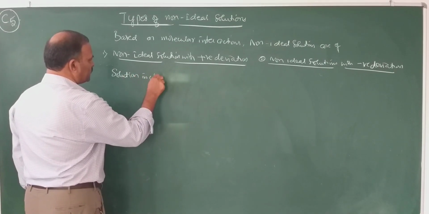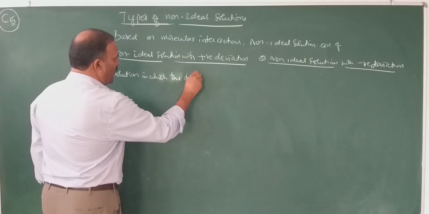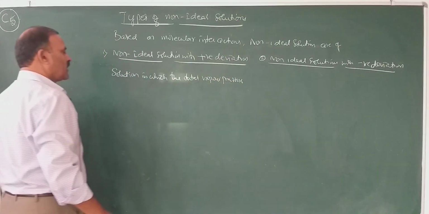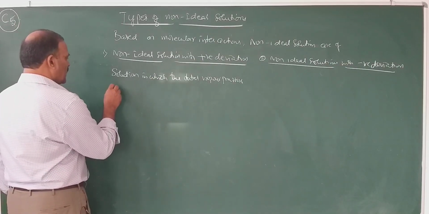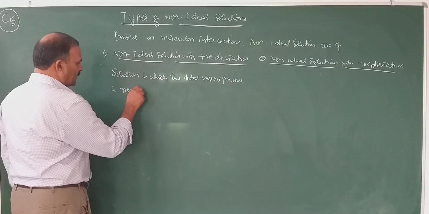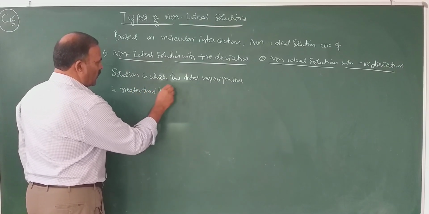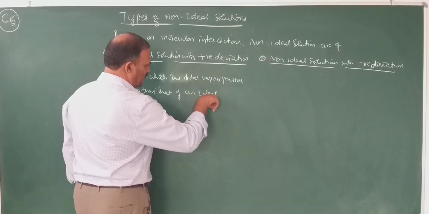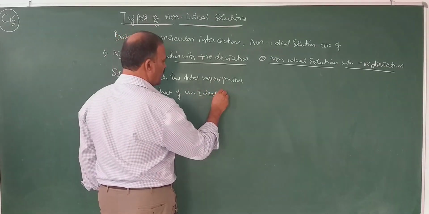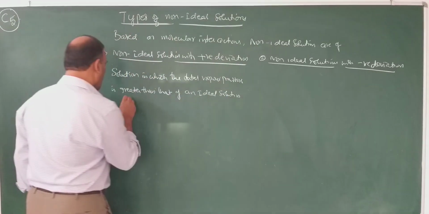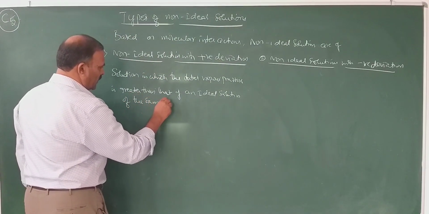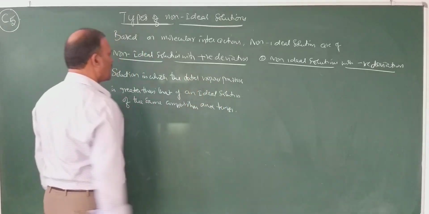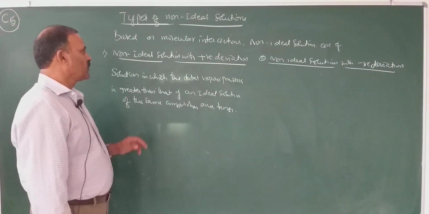Solutions in which the total vapor pressure is greater than that of an ideal solution of the same composition and temperature are called non-ideal solutions with positive deviation.